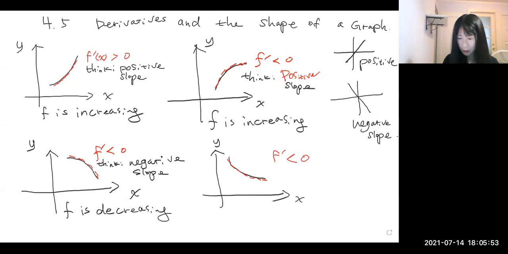Because the slope is negative. Then how can you say about the function?